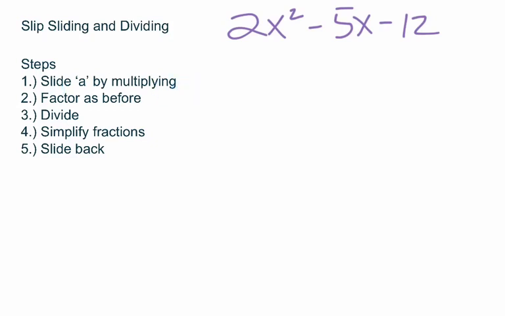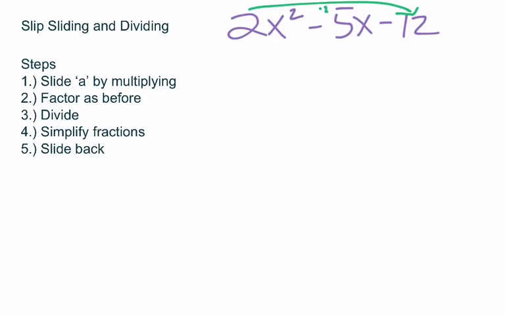By that we mean we're going to take the 2 and slide it down to the end by multiplying 2 times 12. You do not have to do an arrow for it or write times 2. But there it is. So x squared minus 5x, and then that'll be minus 24.